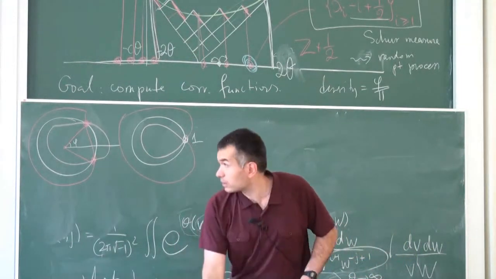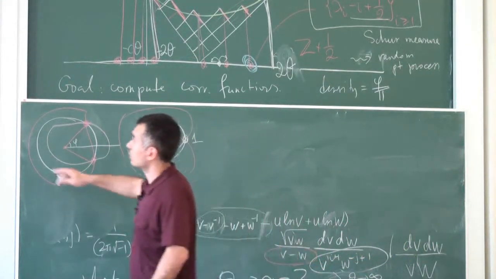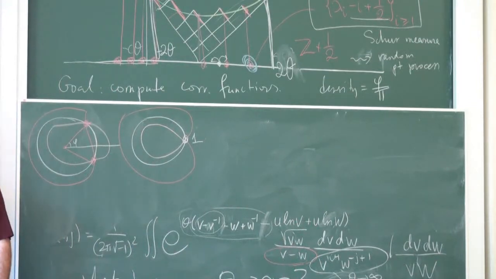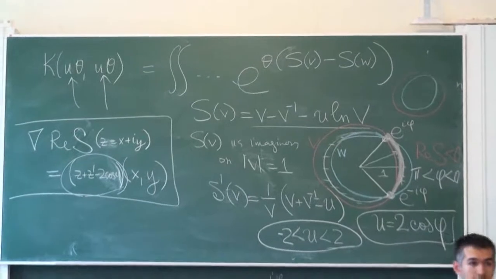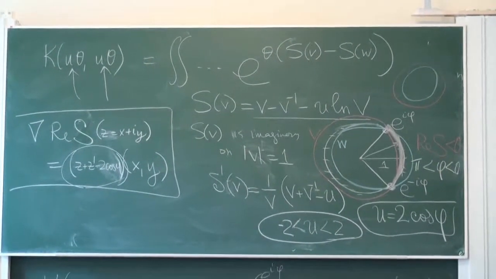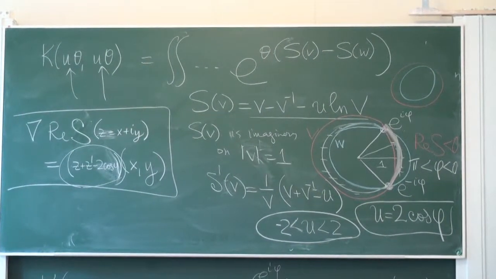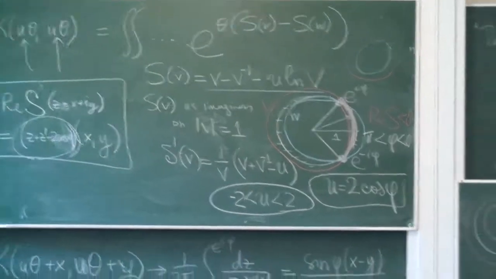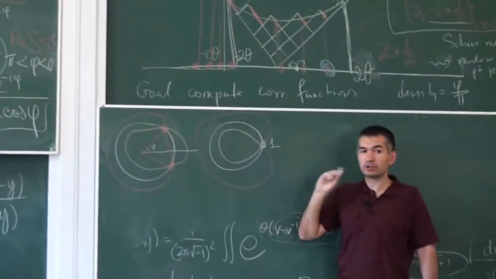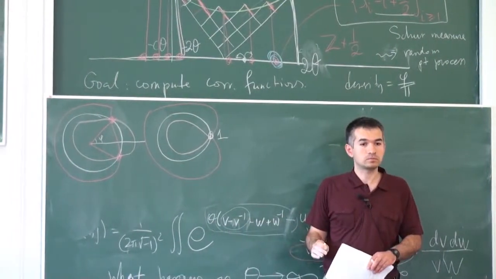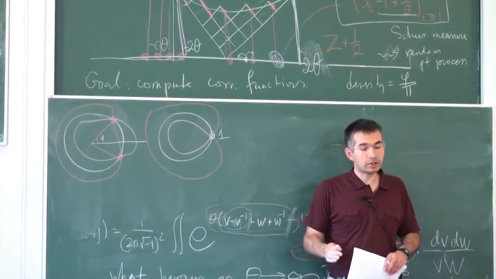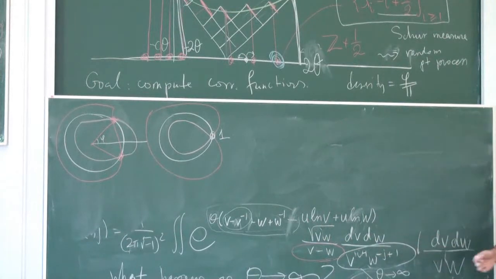Now, what changes analytically is that, well, clearly the two critical points of this function merge. So I get a double critical point at 1. And again, if I deform both my contours to what I just drew, then my integral will go to 0. And that's true. The correlation kernel near the edge goes to 0.